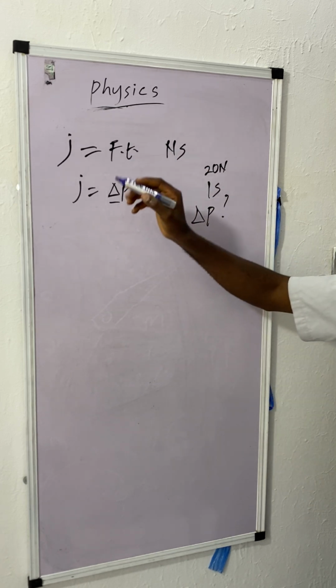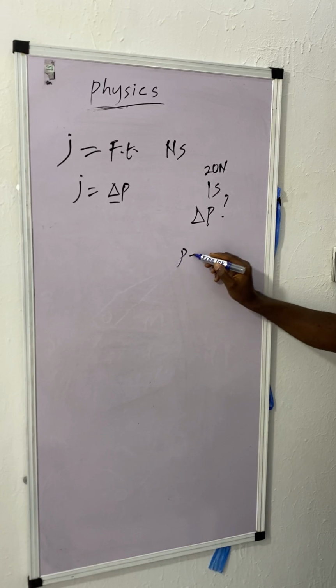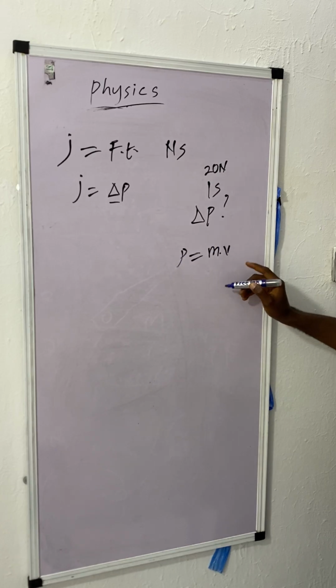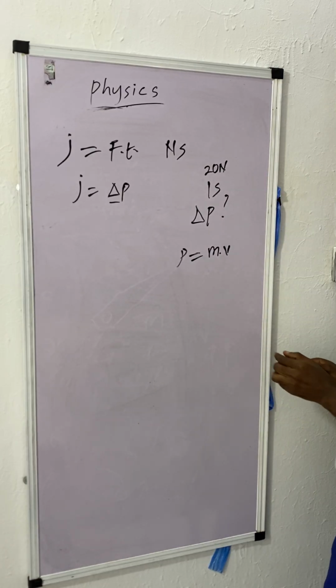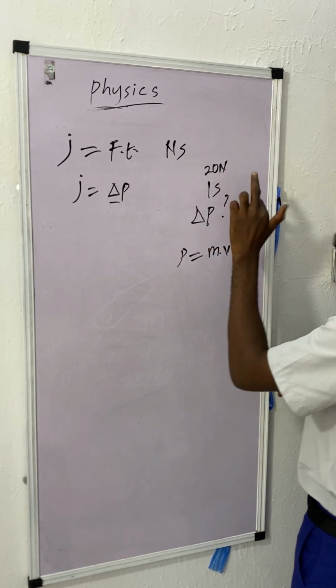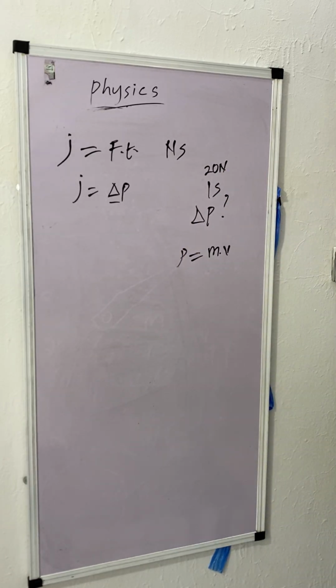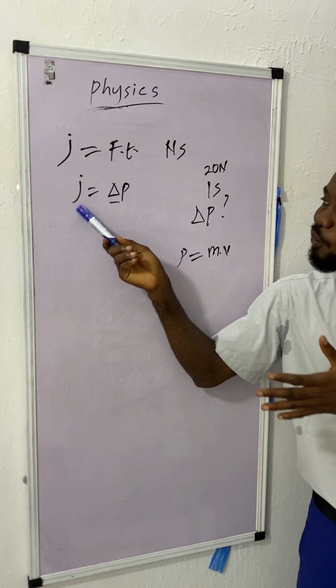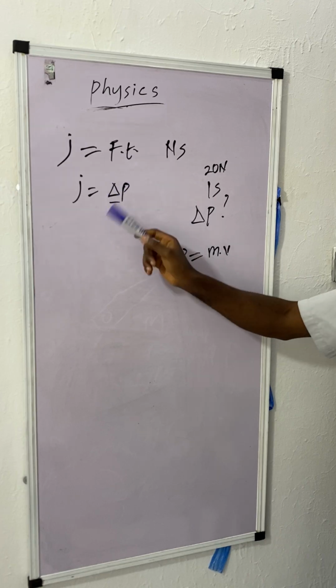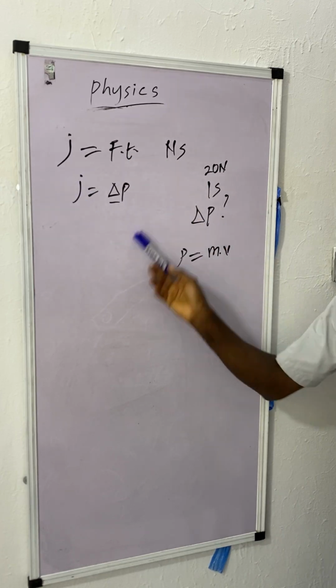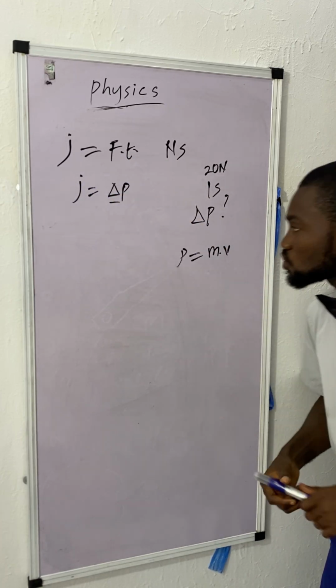You know that the formula of momentum is P equals mass times velocity, so you need mass and velocity. How are you going to solve it when you were given only force and time? If you don't know that impulse is equal to change in momentum, you will not know what to do here. Because they are equal, you can use this to get this.